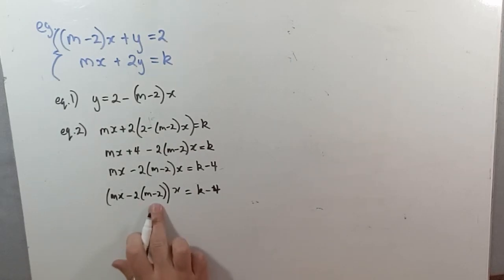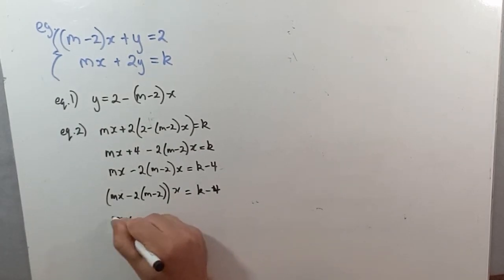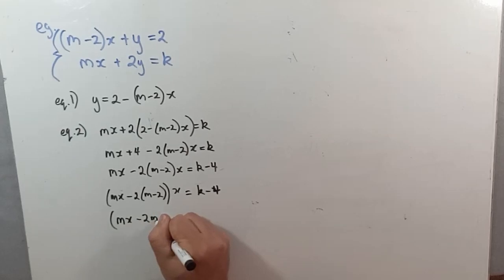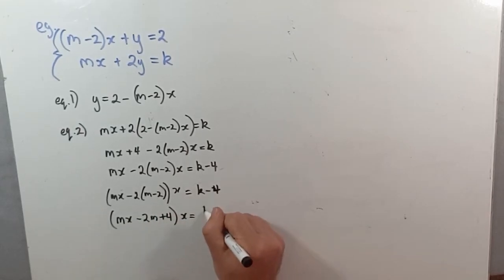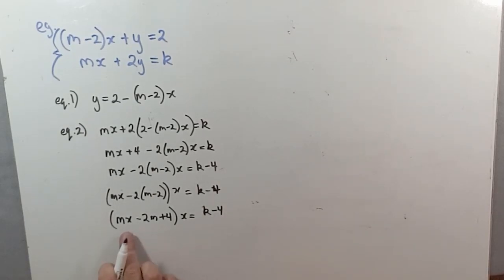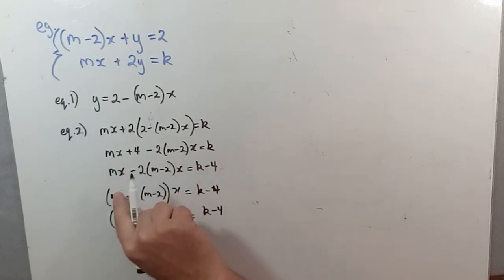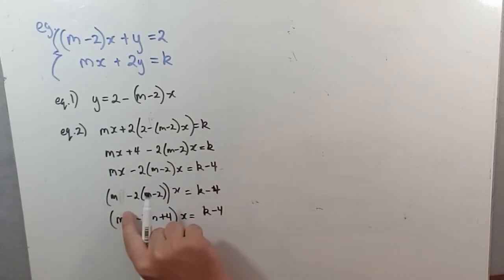You can expand this bracket out. So I get mx minus 2m plus 4x is equal to k minus 4. Add up the m's. Oh, sorry. What have I done here? I shouldn't have written x in here because I took it out. Sorry. There we go.